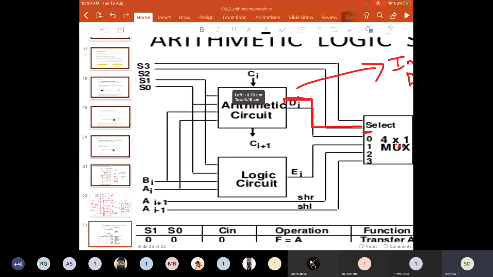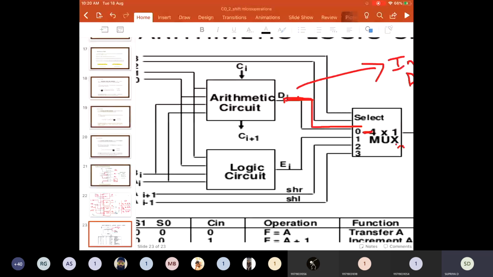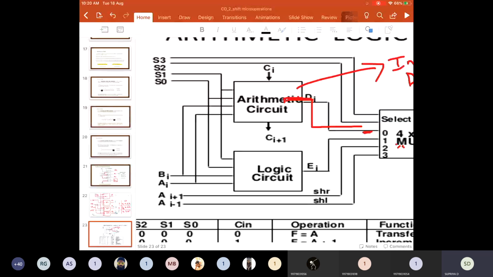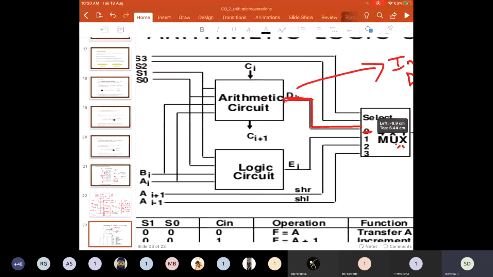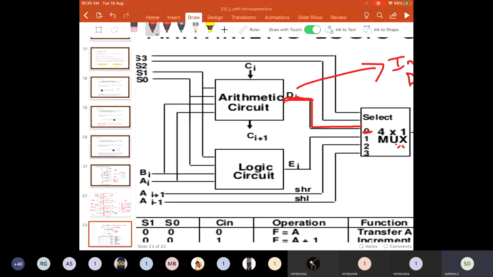The selection lines for this multiplexer are S3 and S2, whereas S1 and S0 are for the other multiplexer, and the same S1 and S0 selection lines are used for the logical circuit also.